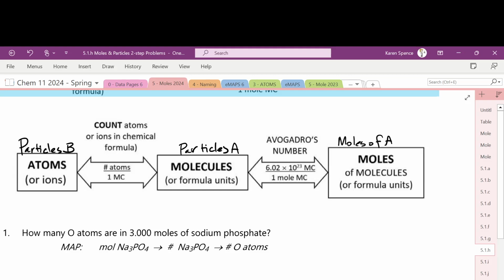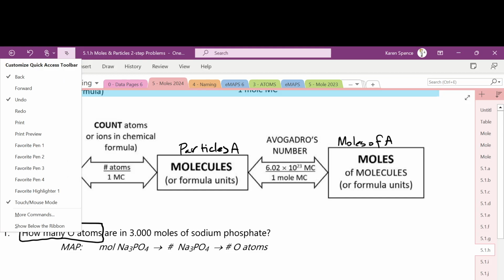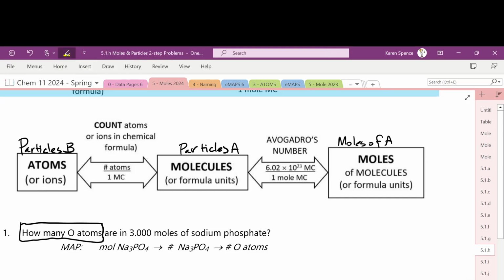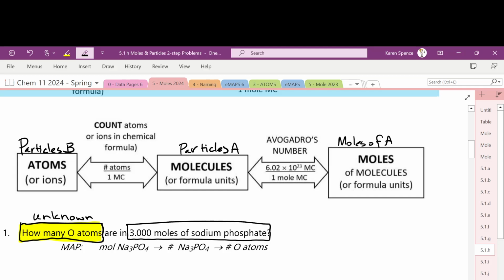So for example, if we are asked how many O atoms, that is our unknown, what are we starting with? What is our initial quantity? 3 moles of sodium phosphate. So the first thing you need to do is write the correct formula for sodium phosphate. Could you all please do that?